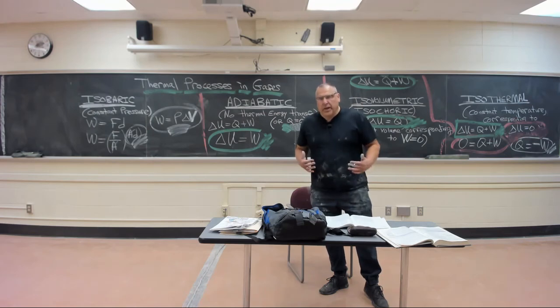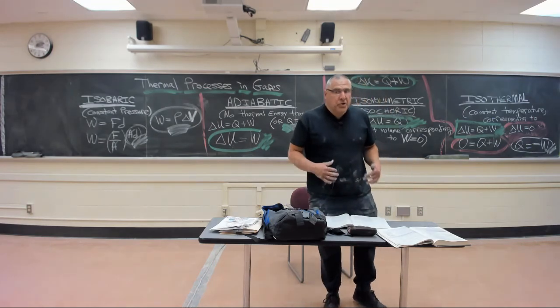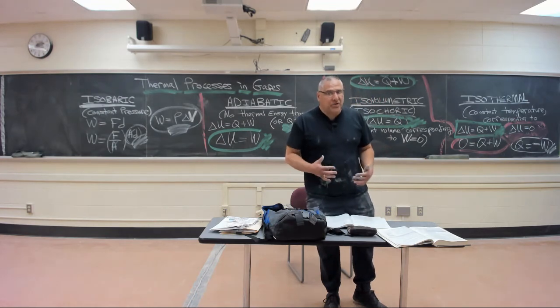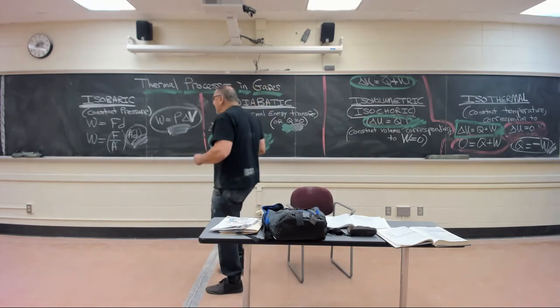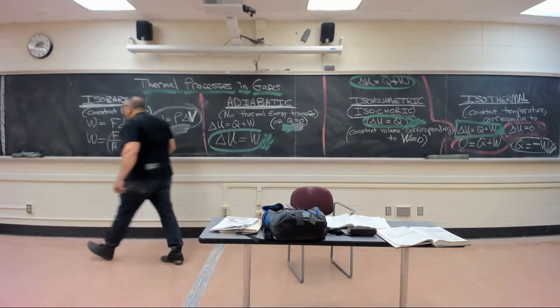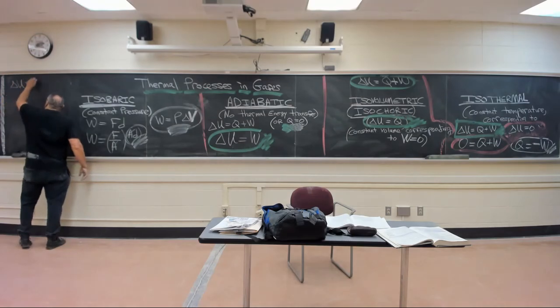So to keep the internal energy unchanged, you got to put heat energy into the system. Same thing if you compress something, you're increasing its internal energy. If you don't want it to change, you got to take heat out of there. You're going to see this in a lot of the stuff that we deal with.